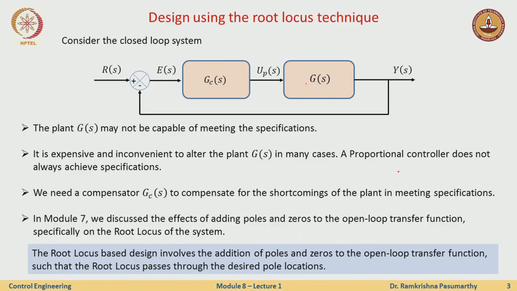These are like static controllers, right? I'm just increasing the gain. If increasing the gain does not help me, I need to add a dynamic compensator, which has some poles and zeros, to overcome the shortcomings of the plant in meeting the desired specifications, as simple as tracking a reference signal.